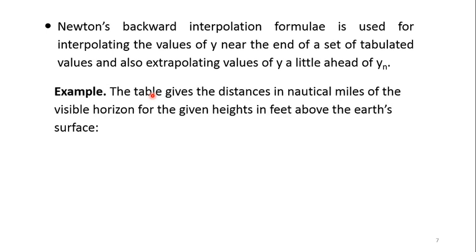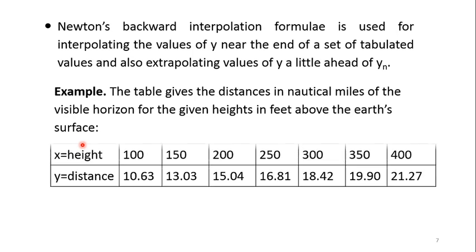So let me come to an example. The table gives the distances in nautical miles of the visible horizon for the given heights in feet above the earth's surface, tabulated as 100 corresponding to this, then 150 corresponding to this, 200 corresponding to this, 250, then 350 and 400.